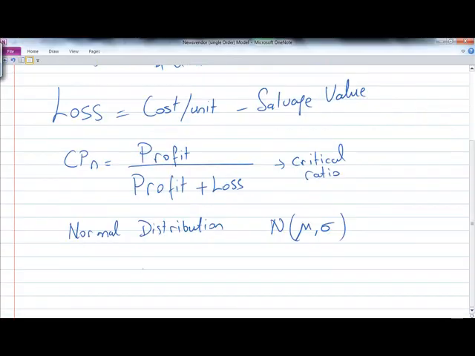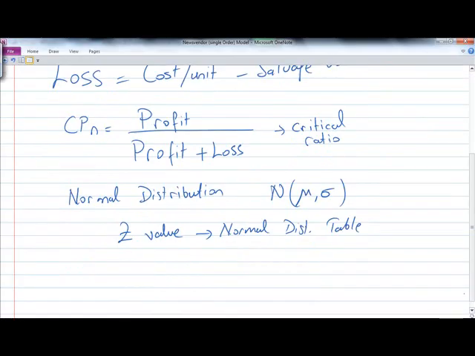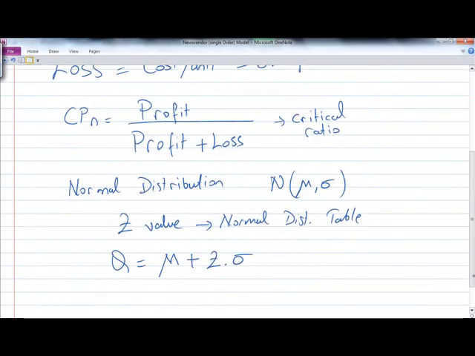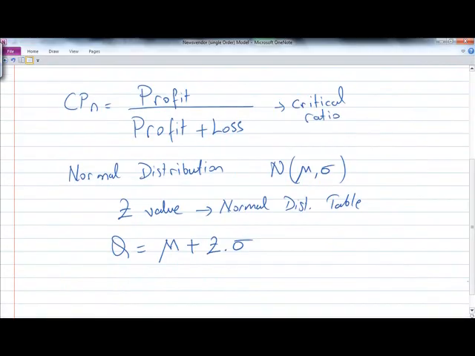Using the critical ratio, we will read a z-value from the normal distribution table. Then the number is the mean plus the z-value times the standard deviation of the demand. This is a very easy problem setting, and I'll show you how to do it.